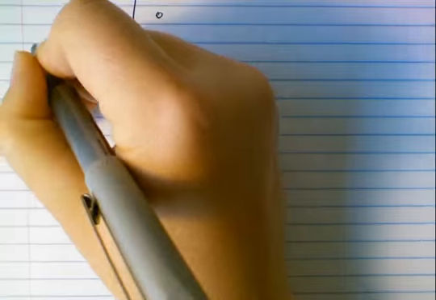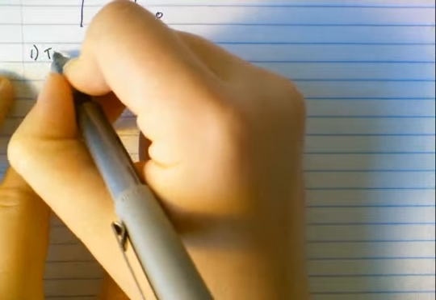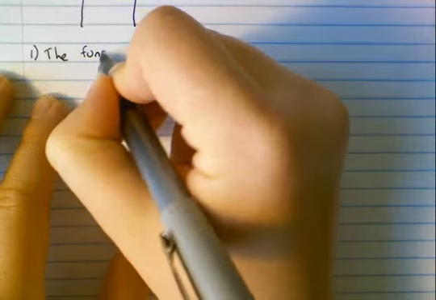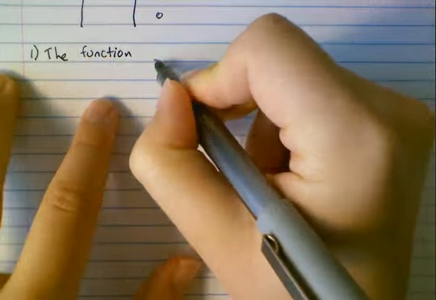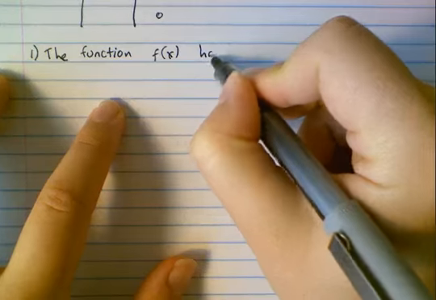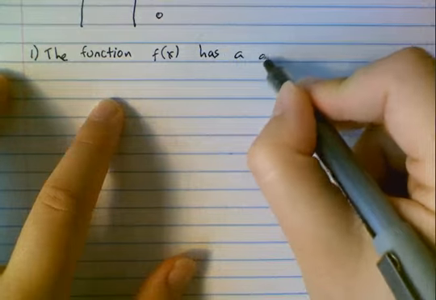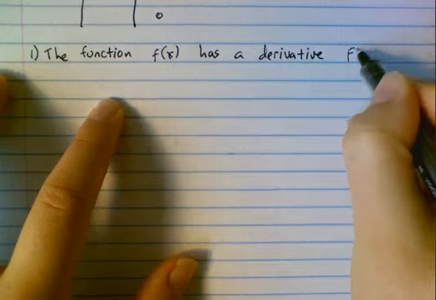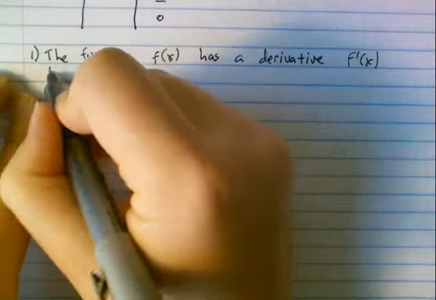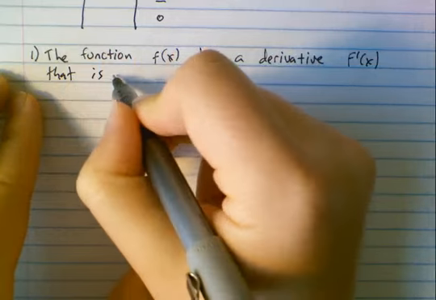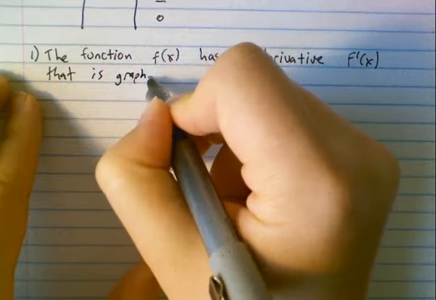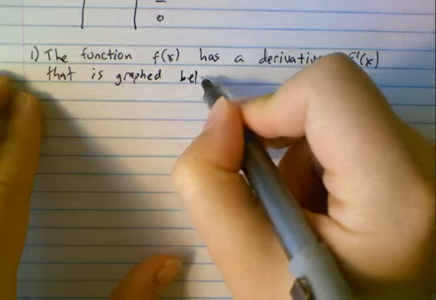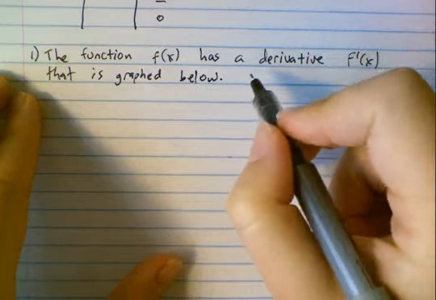Let's write: the function f of x has a derivative f prime of x that is graphed below.